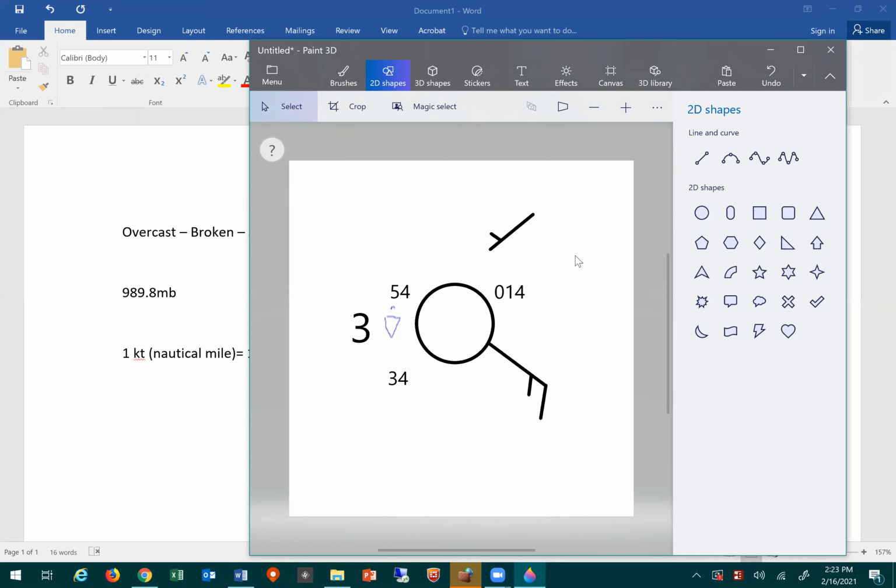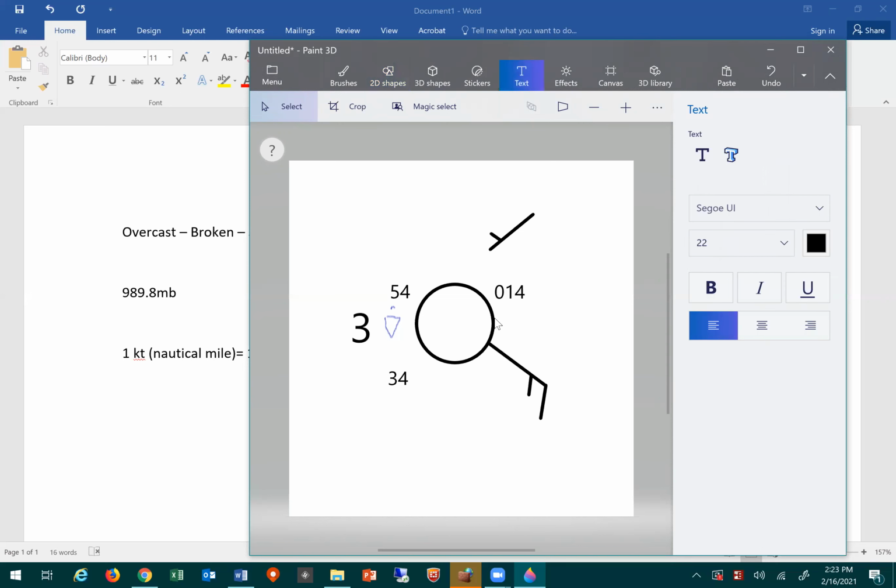Okay, so that's wind. To the right, you will put something in here like this. I'll give an example here. What's to the right of the station model? Pressure tendency, I think.